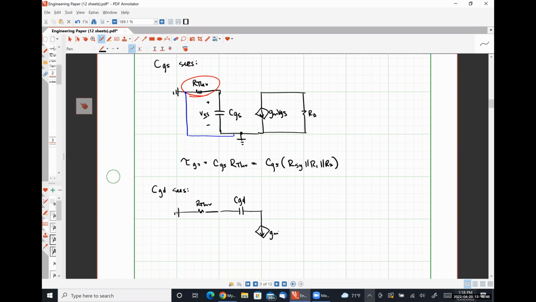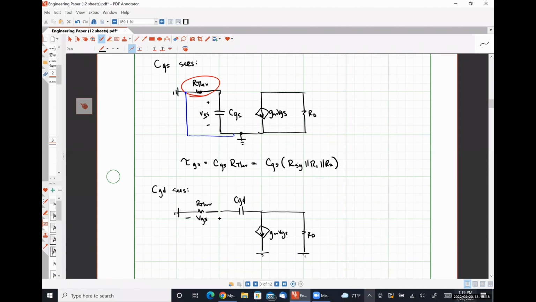Here's GM VGS. Well, VGS is the voltage drop between the gate node and our source, which is grounded. So VGS is actually the voltage drop over R Thev now. And then here is RD. And this is ground.